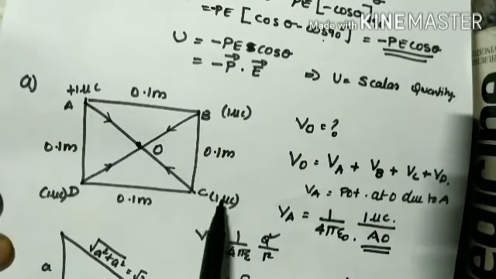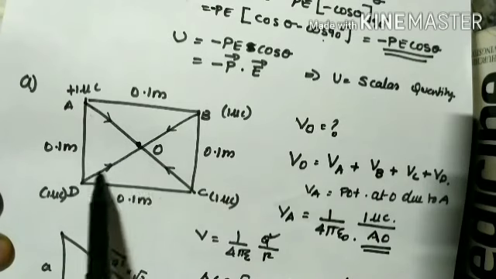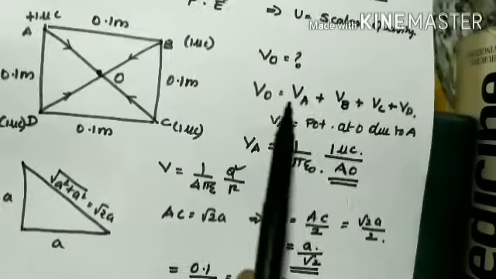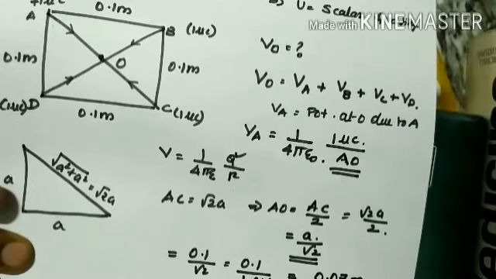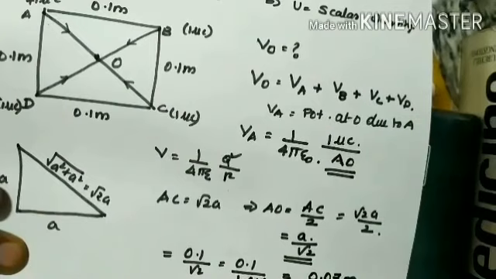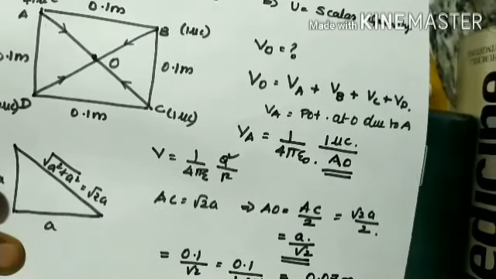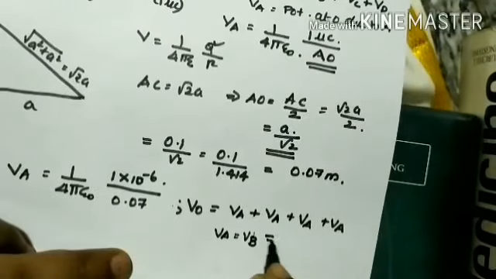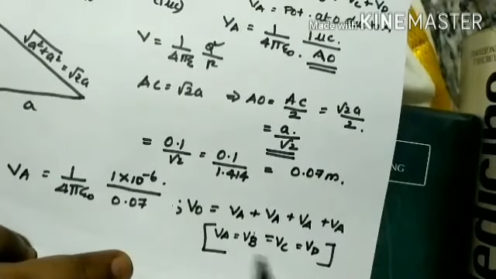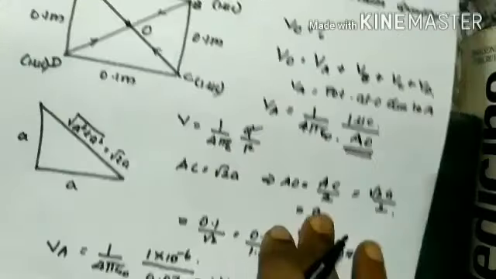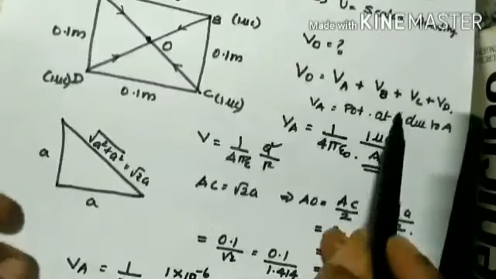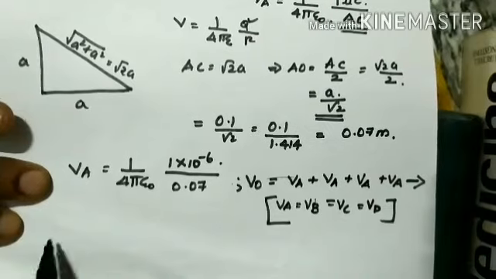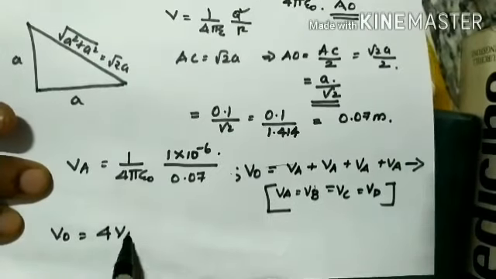You can see C also has the same charge and same distance from O, and D also has the same charge at the same distance from O. So VA has been repeated again and again, or I can write VO is equal to VA plus VA plus VA plus VA, because VA is equal to VB is equal to VC is equal to VD, because all have the same charge and are equidistant from the point O. So I'm going for the equation again. VO is equal to 4 VA.